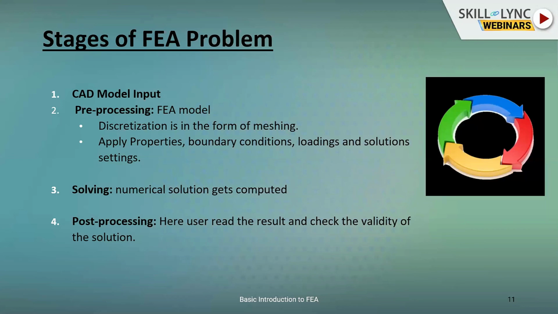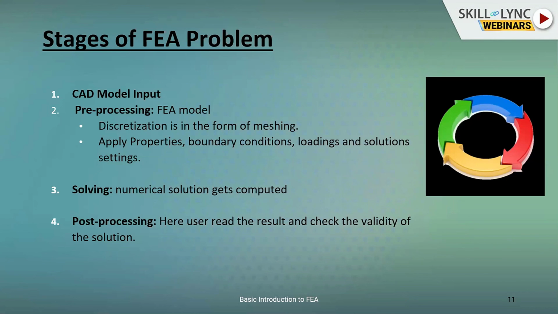Then in pre-processing, the first step is discretization. That is meshing. We have to divide that domain into a number of subdomains so that we can define our problem more properly and solve our partial differential equations. That's why discretization is a very important step in FEA pre-processing.